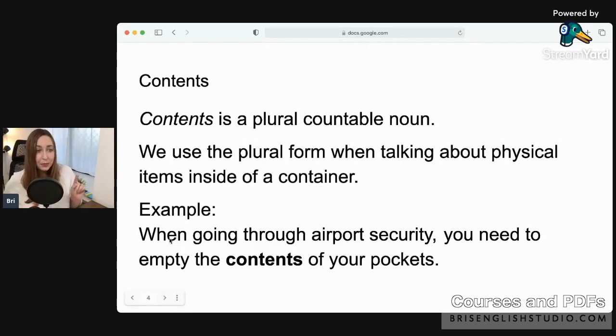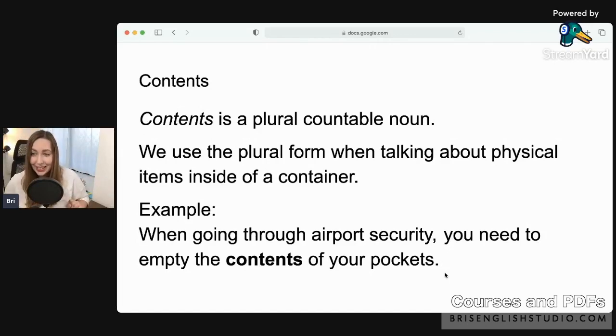So when going through airport security, you need to empty the contents of your pockets. If you have car keys, your cell phone, a pen, anything in your pockets, that would be the contents of your pockets, and you need to take them out before going through security.